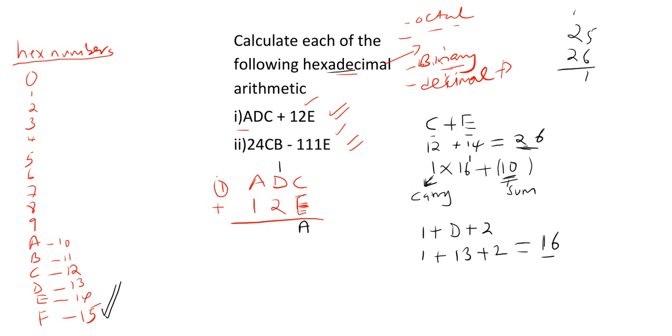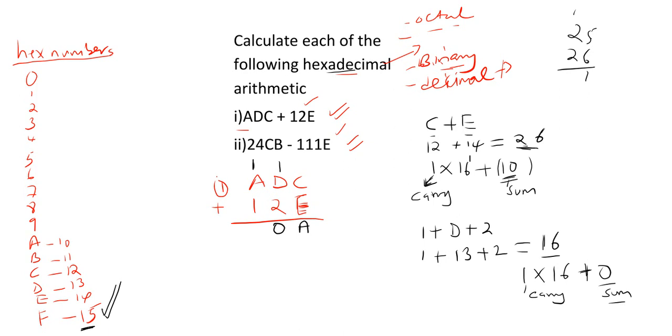So 16 can be broken up into 1 times 16 plus 0. So 1 becomes a carry because the number is above 15, and 0 is the sum. The sum is taken at the middle column, and the carry is taken to the other column. So we carry 1.